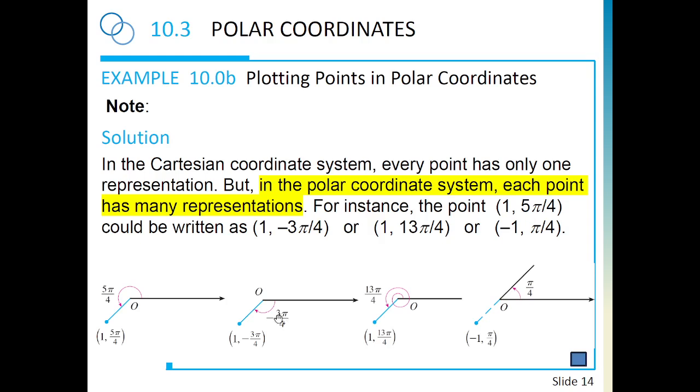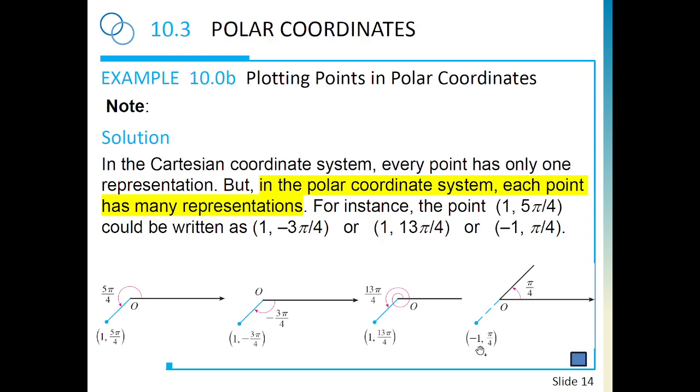How do we get it? Well, we can take this angle here and subtract 2 pi. We can also add 2 pi. Here we added 2 pi, so we are here, and then we add 2 pi, we spin again. If we subtract 2 pi from 5 pi over 4, we get this one. So basically, we can subtract 2 pi or add 2 pi, and we are at the same place. And you see the r is the same.